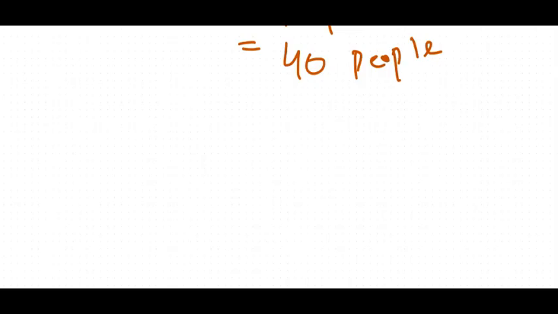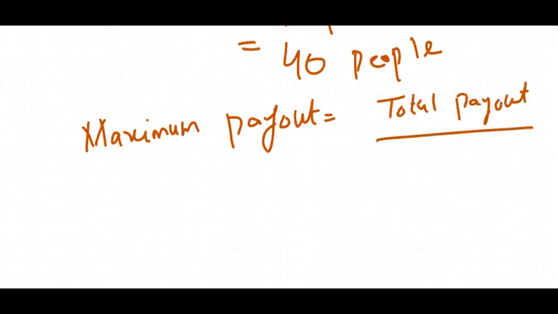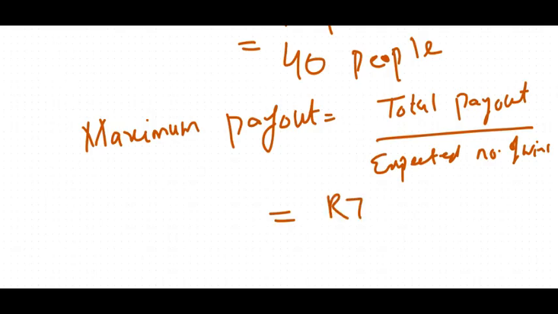So the maximum payout equals total payout divided by the expected number of winners. The total payout is R780, divided by 40 people.